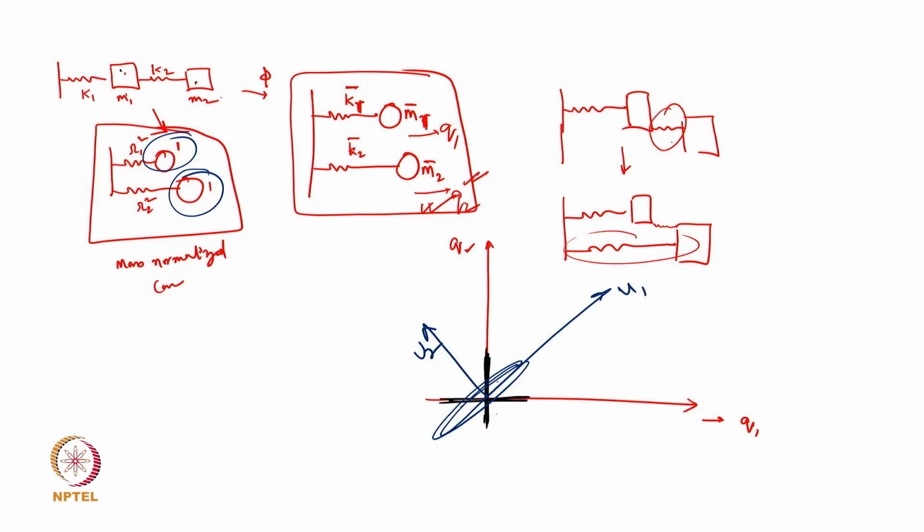None of them depend on each other. Simple. So they are orthogonal, and orthogonality is achieved only when you are able to remove that spring.